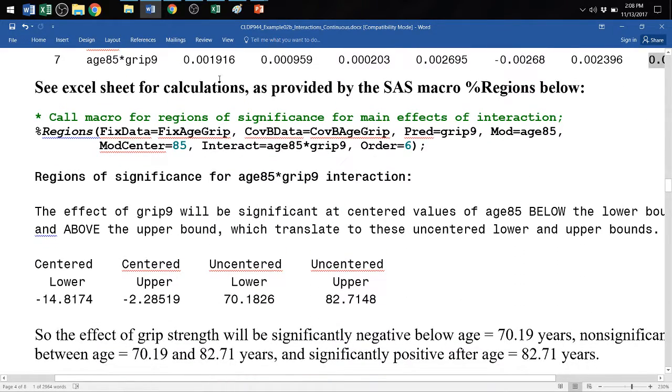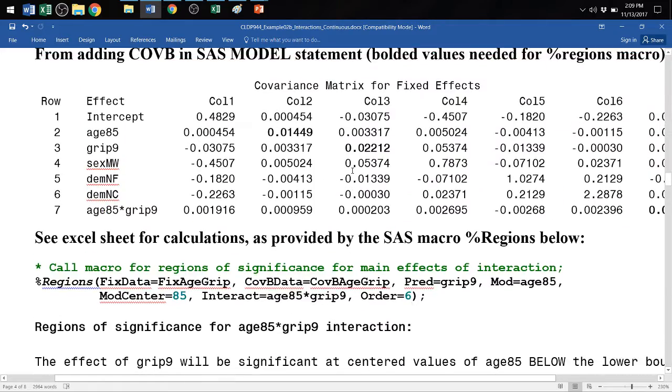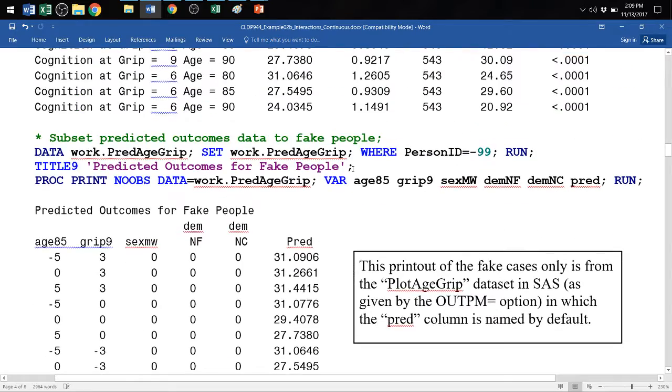So I wrote a little macro to do this. You tell it where the fixed effects are. You tell it where the COVB data set is. You let it know which interacting variable you want to be the predictor and which is the moderator. You tell it where the moderator is centered, what the name of the interaction term is, and order equals 6 is where in the fixed effects the interaction term is.